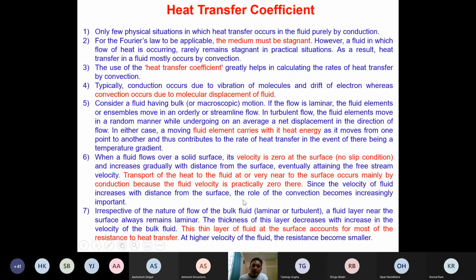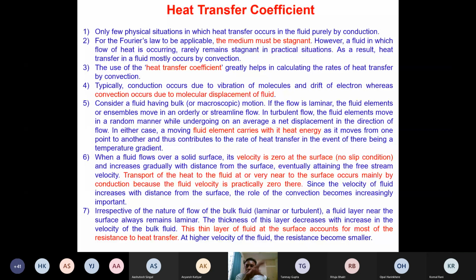So why does a laminar layer provide resistance to the flow of energy? See, in the laminar region, you can clearly see that no random movement of the fluid particles takes place, isn't it?